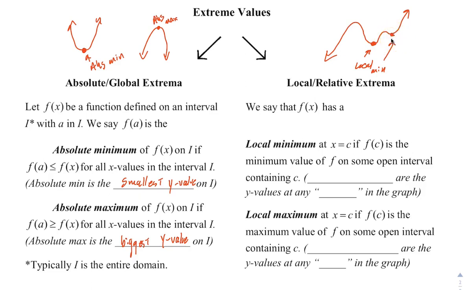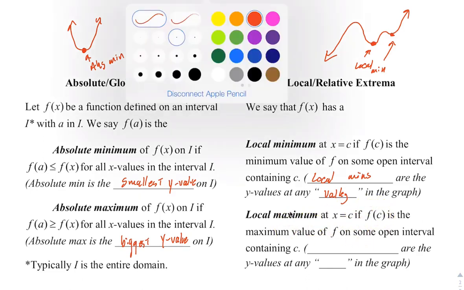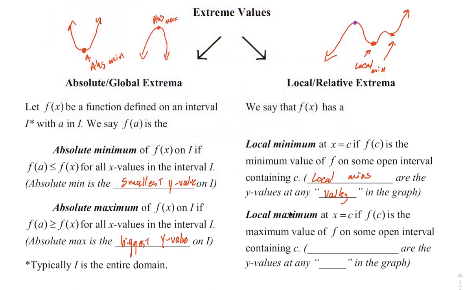So we say that the local mins are the valleys. If you think about hills and valleys, that's the valley, the low point. Likewise, a local max is the highest y value in the little interval. As you probably could guess, up here will be my local max, and right here could also be a local max.